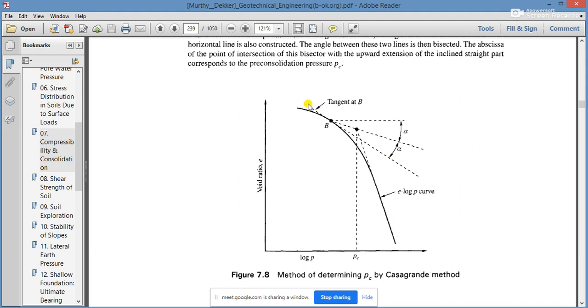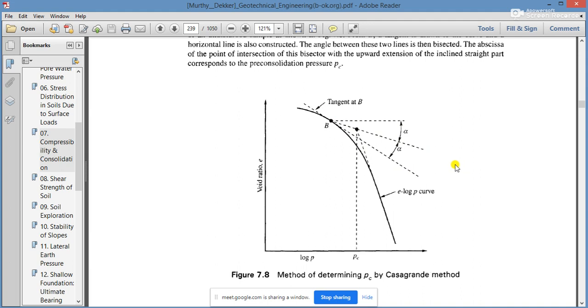Now you have to draw this tangent to the curve, and now you have to bisect the angle formed between this straight line and this tangent, with another dotted line.